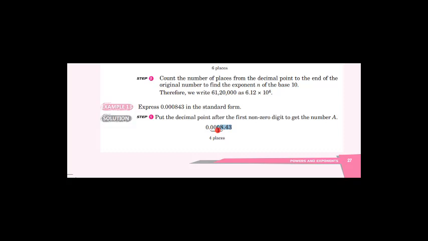If you count the digits, 1, 2, 3 and 4. So 4 places of decimal we have shifted, and this time we are shifting toward the left-hand side. Left-hand side the exponent will always be negative. So the base will be 10, but the exponent will be negative. My answer comes out to be 8.43 into 10 raised to the power of minus 4.